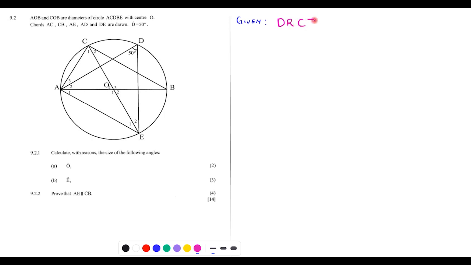DRCPT basically means: D stands for diameter, R is radius, C is cyclic quad, P is parallel lines, and T is for tangents.